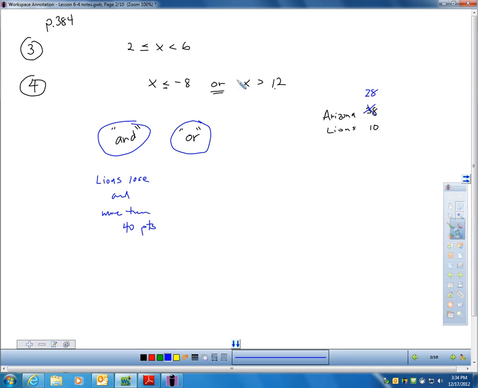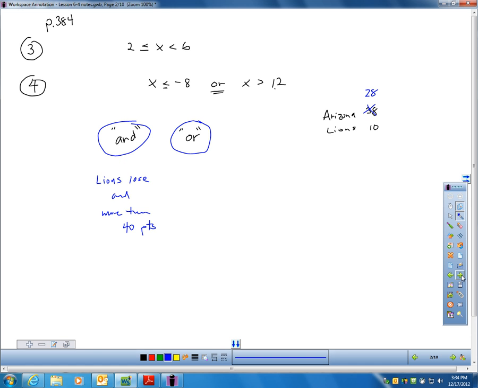You can't have them both happen. Or if I said, okay, to win this game, we have a special deck of cards, there's positives, negatives. If I said if your next card is greater than 12 or less than negative 8, you win, that could happen. If either one of those two things happens, you win. Okay, so I think that might be an easier way to explain what the difference between "and" or "or" is.